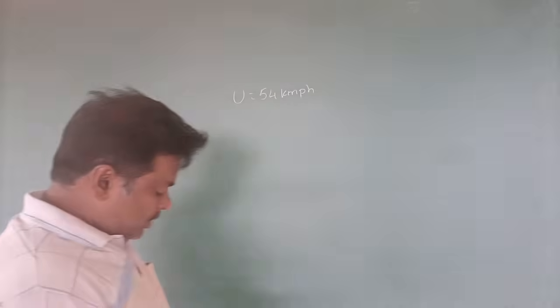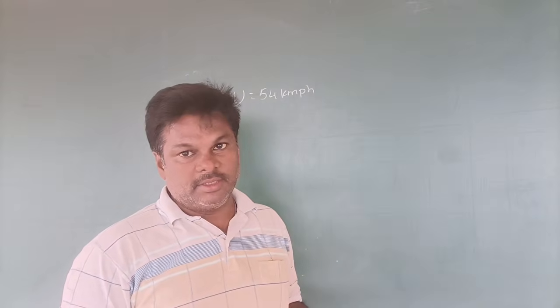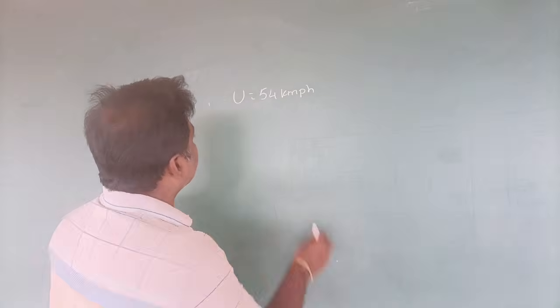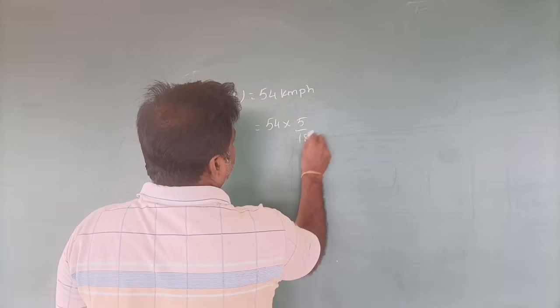Because the train is moving at a constant rate of 54 km per hour eastward for 30 minutes, you need to calculate the speed. 54 into 5 by 18.